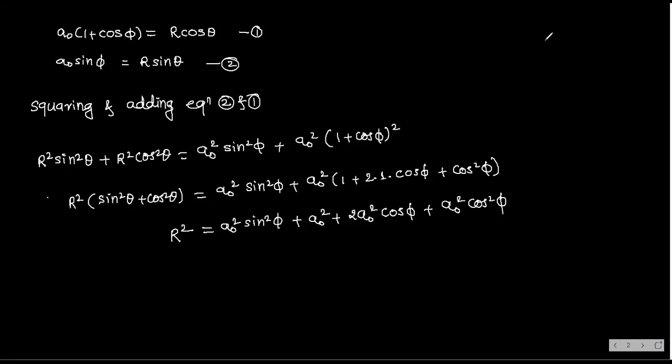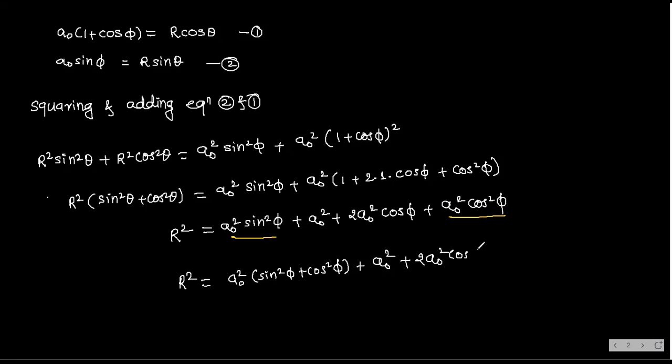Now again you are getting two terms in which A0 square we can take common. So if I will take common from that, then again I will get r square is equal to, A0 square common, sin square phi plus cos square phi, plus here it is A0 square plus 2A0 square cos of phi.